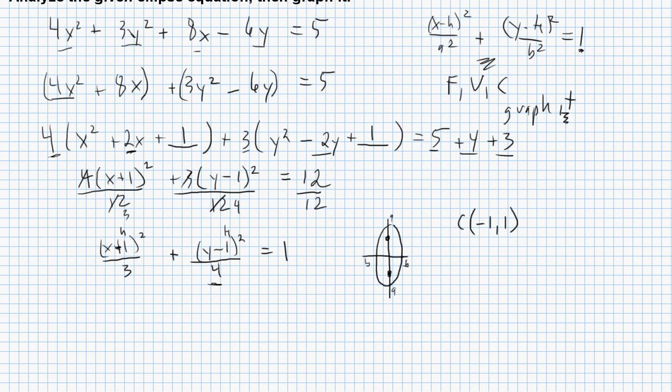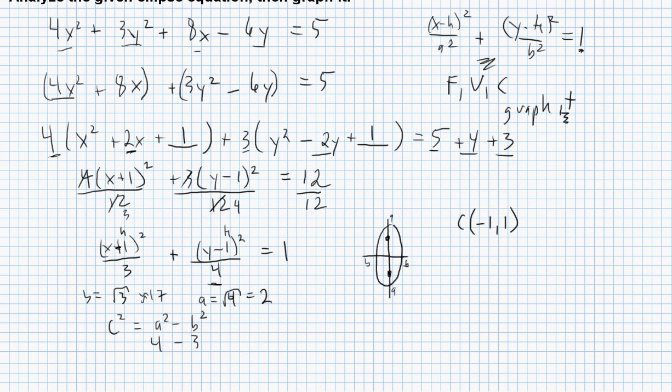We can see that the A number, I'm going to write it here, is the square root of 4, which is 2, and the B number is the square root of 3, which is approximately 1.7. Okay, so that's going to help us when we graph. Now C squared is going to be equal to A squared minus B squared, so that's 4 minus 3.